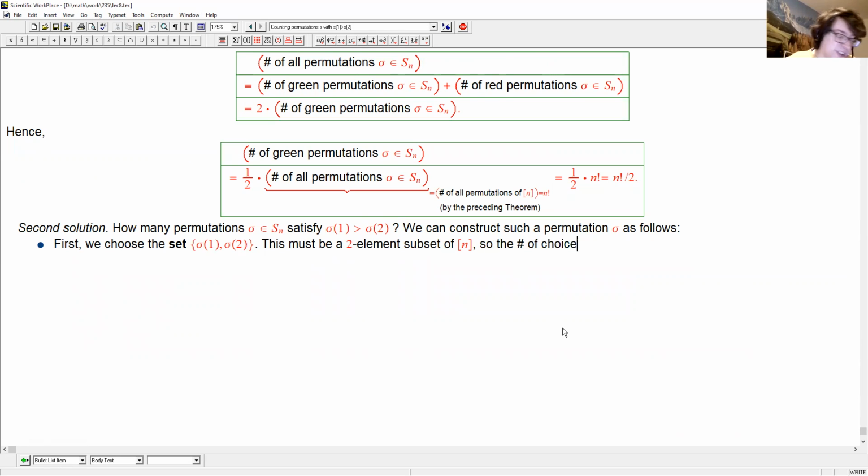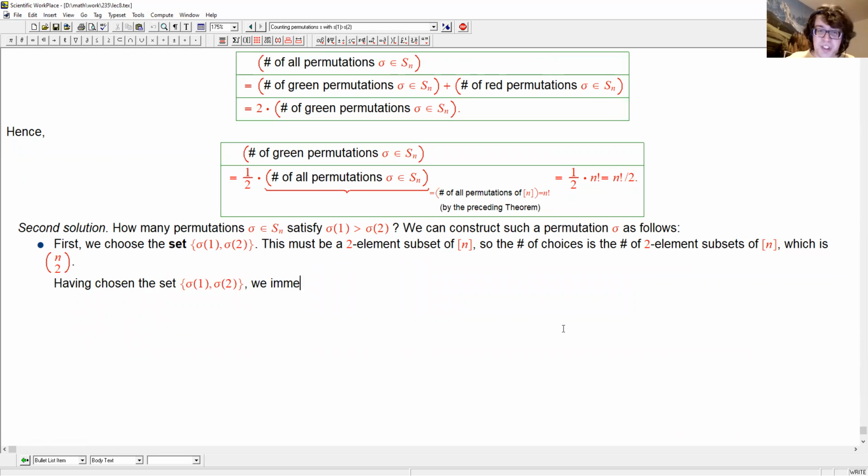So the number of choices is the number of 2-element subsets of n, which, as we know, is n choose 2 from the binomial coefficient section. So, having chosen this set, the two values sigma 1 and sigma 2 are uniquely determined, because we want sigma 1 to be bigger than sigma 2.